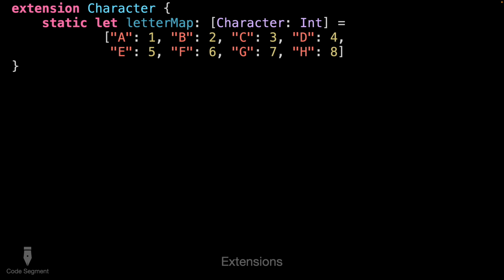You can also do it just using Character.lettermap. You don't need to have an instance of character, which would be a much more intelligent way of doing it. There's a bunch of other things you can do with extensions there, but we're going to look at the next piece. There are many ways to do this, and this is not what I would call the best one, but it's illustrative of static stored properties.